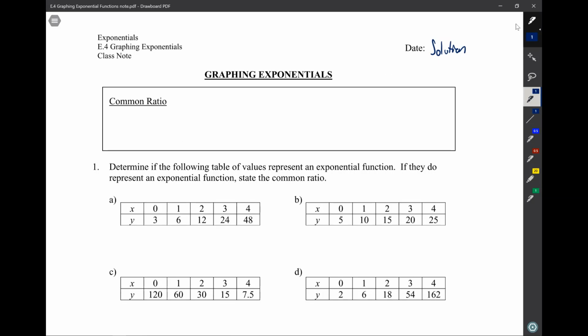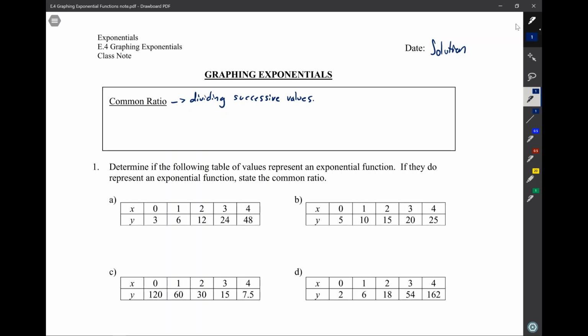The common ratio is calculated by dividing successive, that means one after the other, successive values.